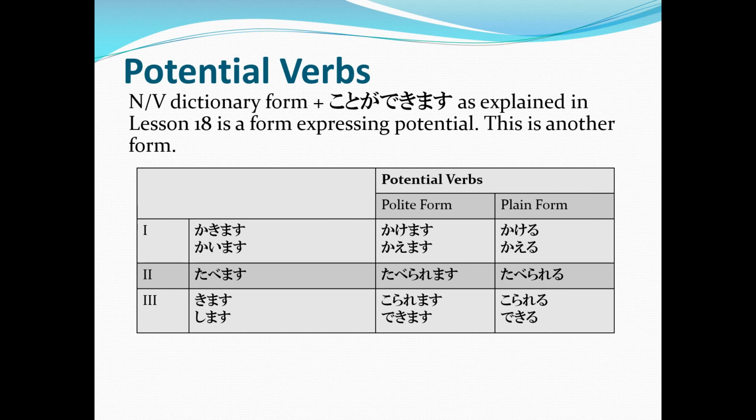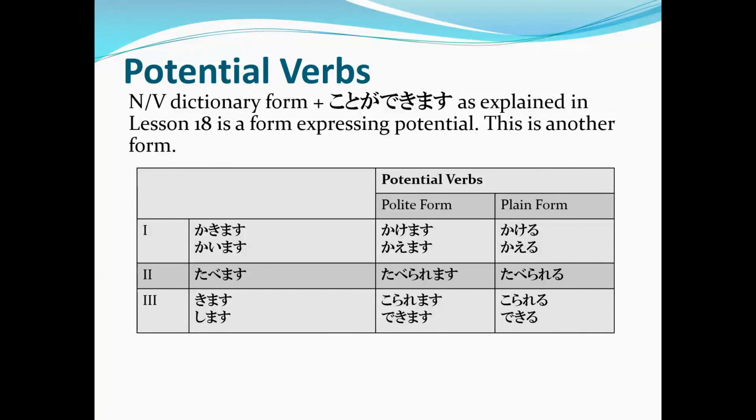Another example, kaimasu, to buy. In kaimasu, the sound before the masu is i. Now, you have to change the i into its e counterpart, which is e.